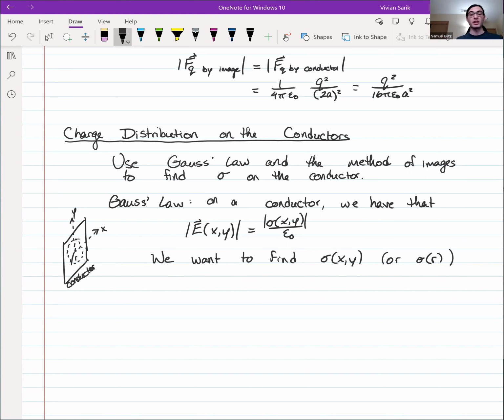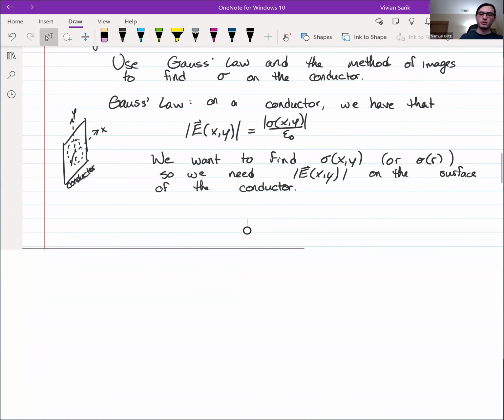So we want to find what sigma is on the conductor, so we need the electric field everywhere on the conductor. We can use Gauss's law to relate the electric field to the surface charge density, but we need one of them to get the other. And the way we do that is we use the method of images.